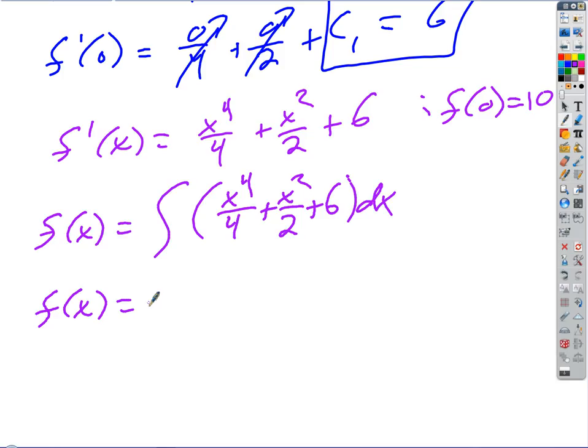Okay, so I get the 1/4 times x to the 5th over 5. So I just end up with x to the 5th over 20. Plus, I got the 1/2, and then the integral of x squared, remember, is just x to the 2 plus 1 over 2 plus 1, so x cubed over 6 plus 6x.